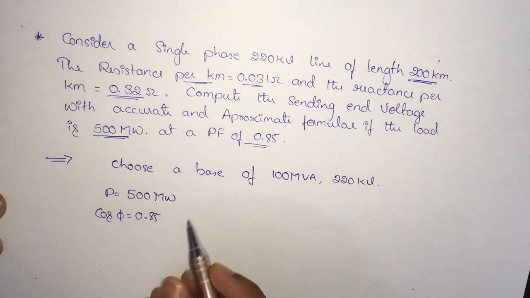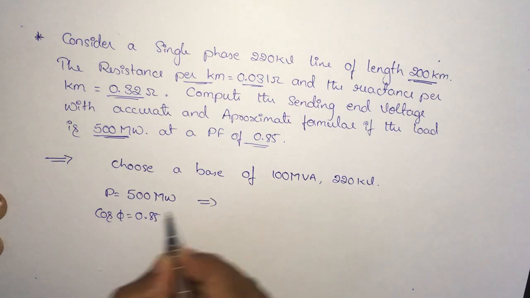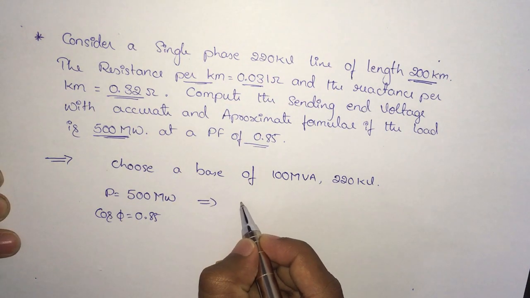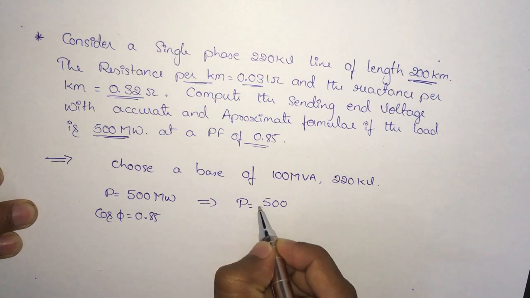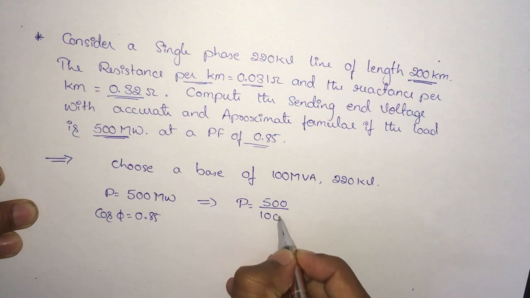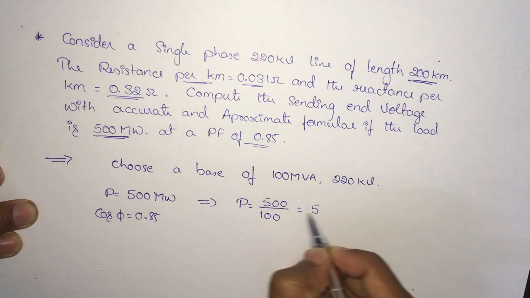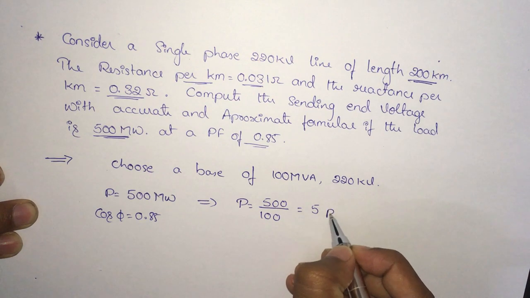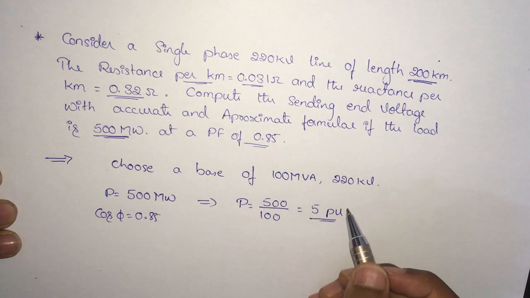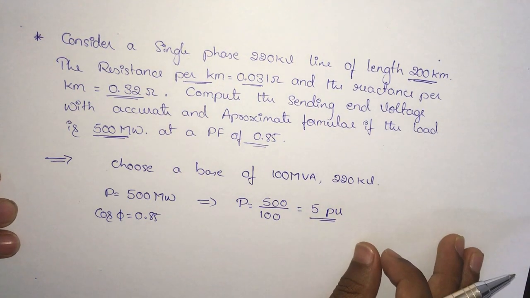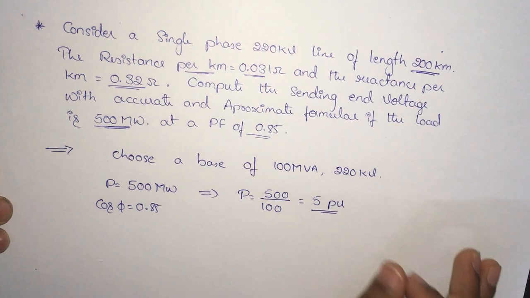Since these two are mentioned, now we are going to convert the given power into per unit value. Now P is equal to 500 divided by the base value, which means 100, gives us the per unit. 500 by 100 is 5 per unit. We are converting the given values into per unit values so that computations become easier.